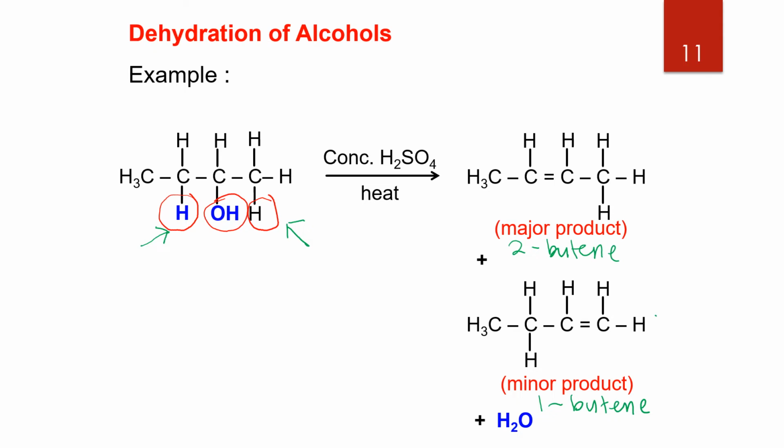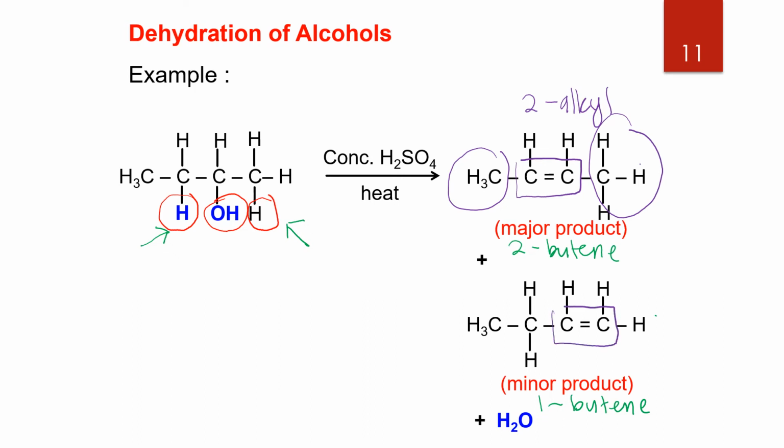By applying Saytzeff's rule, we have to count the number of alkyl groups attached to the carbon-carbon double bond in the alkenes. The first alkene, at the carbon-carbon double bond, has two alkyl groups, while the second alkene has only one alkyl group.